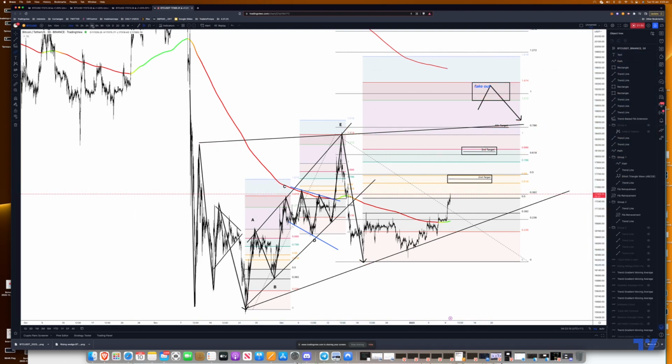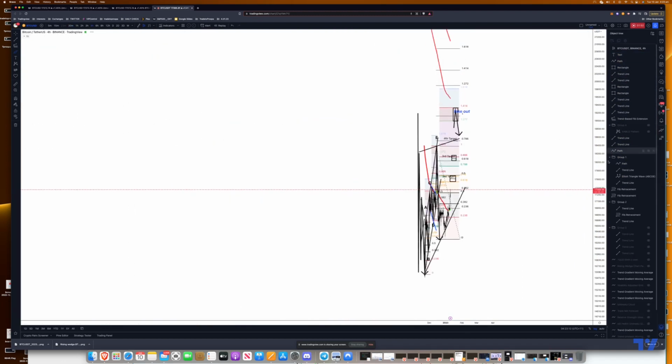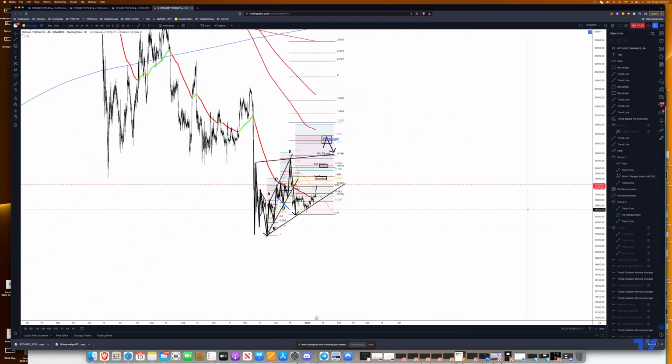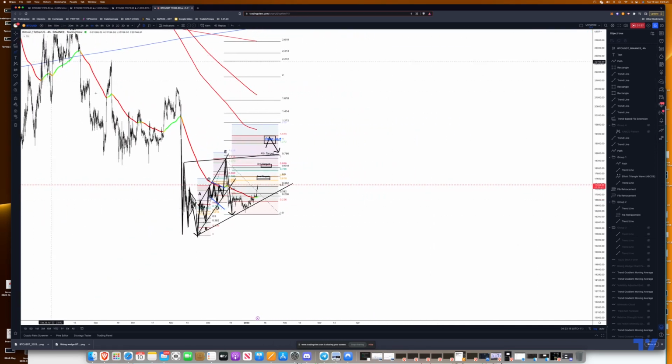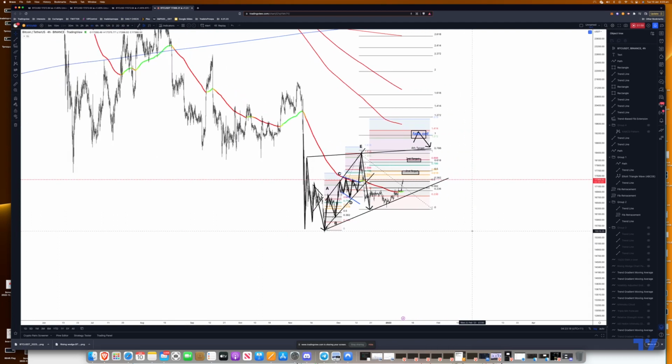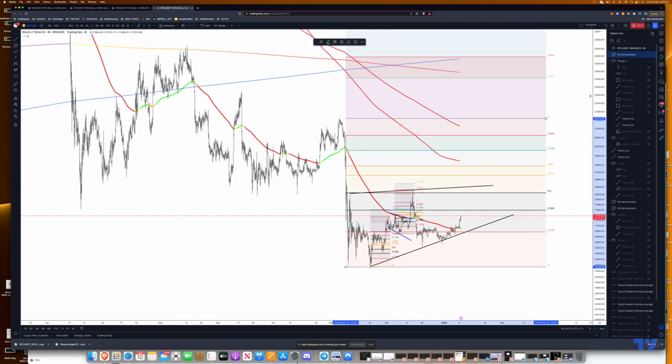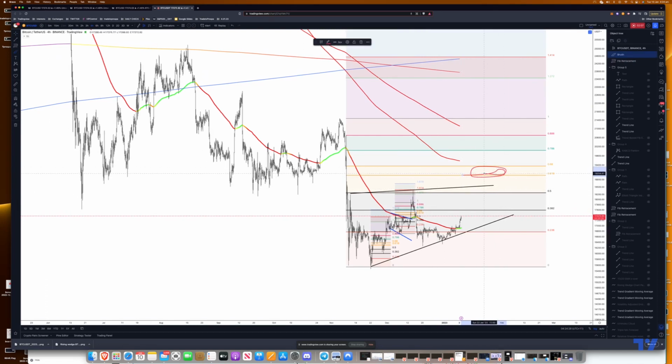If we just expand this chart to the 4-hour and have a look at what's going on from the macro perspective, let's do that. The next level is pretty much, like I was saying, potentially the main level that we're looking at for breakout.